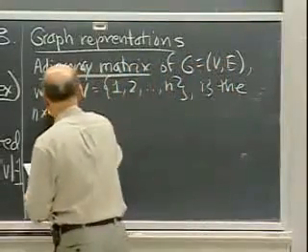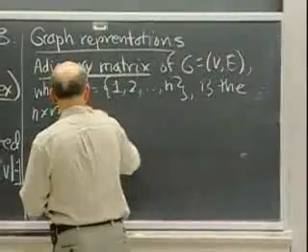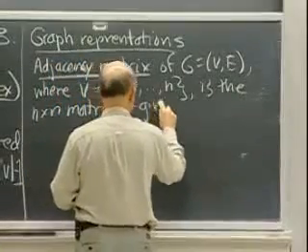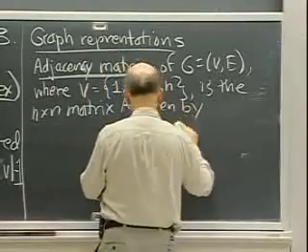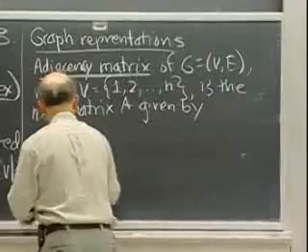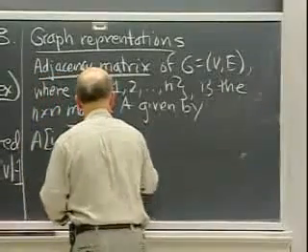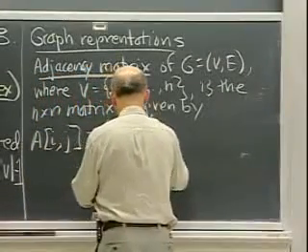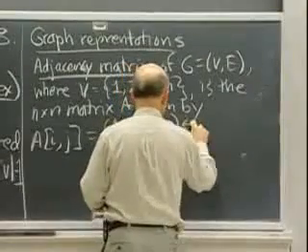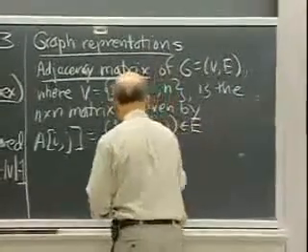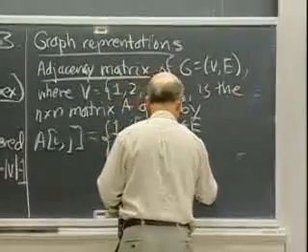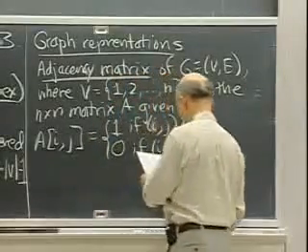is the n by n matrix A given by: the ij-th entry is simply 1 if the edge ij is in the edge set, and 0 if ij is not in the edge set.